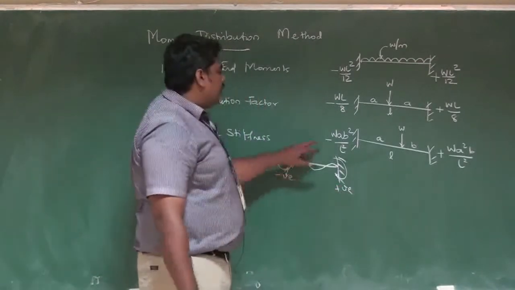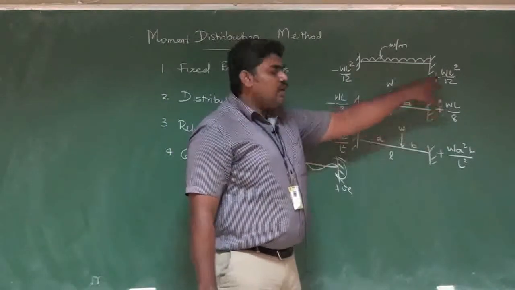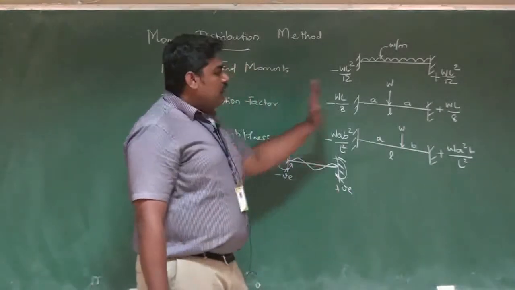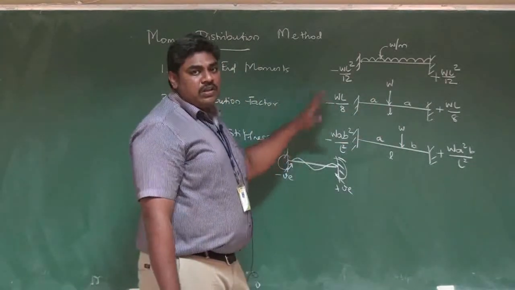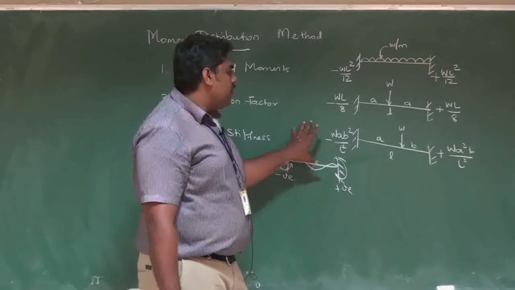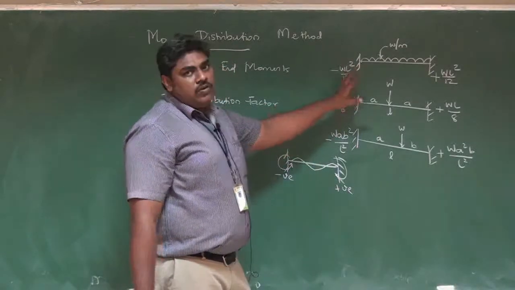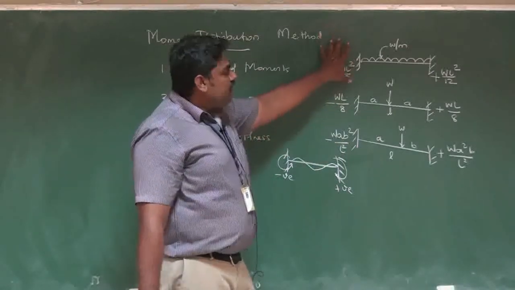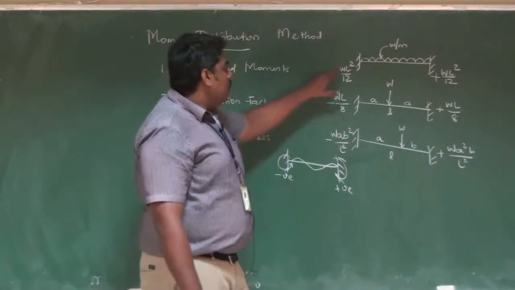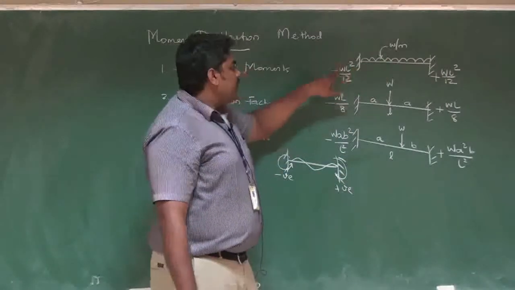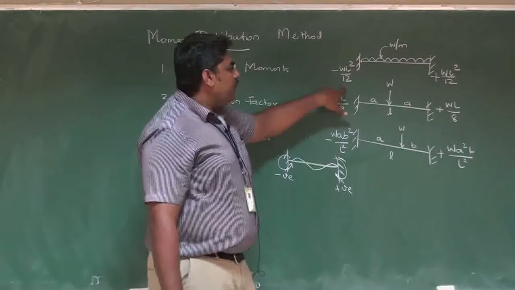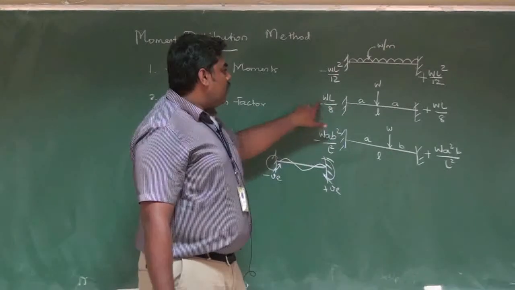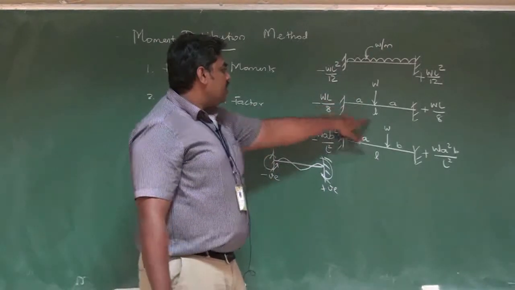That's why we have taken negative on the left hand side and positive on the right hand side, right? So whatever the number of spans given, a 4 span, 3 span or 2 span continuous beam, you have to split this into fixed beams having the same load which we have in the problem, right? So here this W is W per meter, the intensity, L square divided by 12. And here WL by 8, W is the load which is given, L is the length of the span.